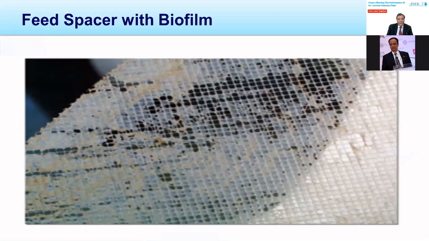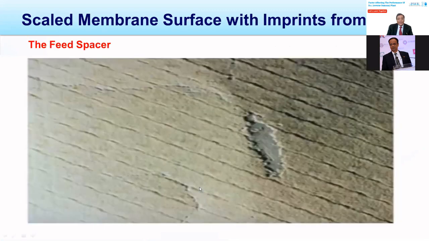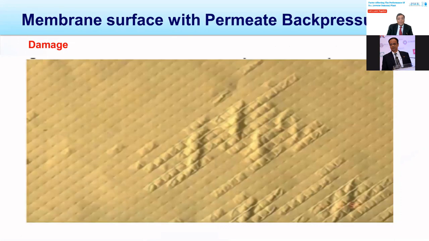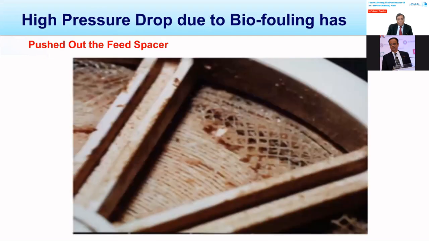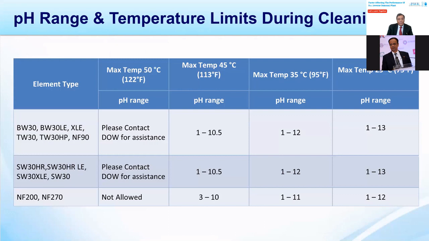You can see this picture; it shows how the membrane feed spacer with biofilm looks when biofouling occurs. And these are scaled membranes. This is a membrane with permeate back pressure. This is the high pressure drop due to biofouling.